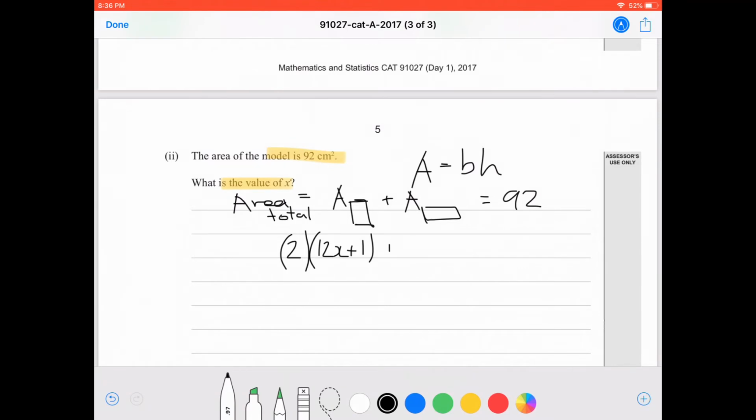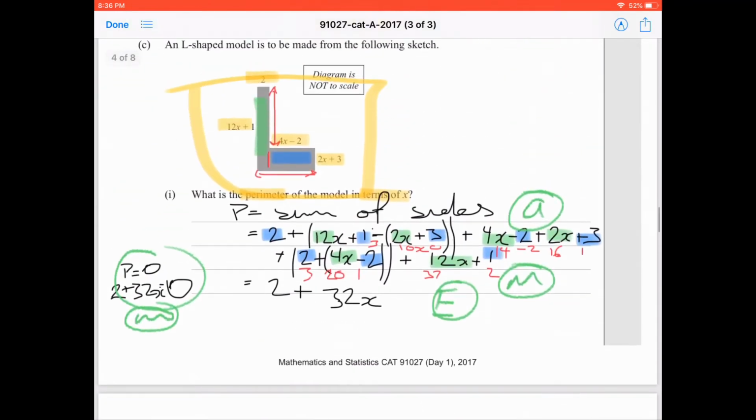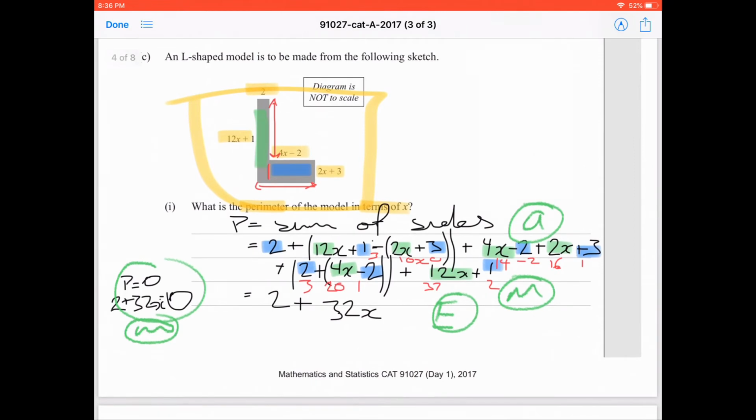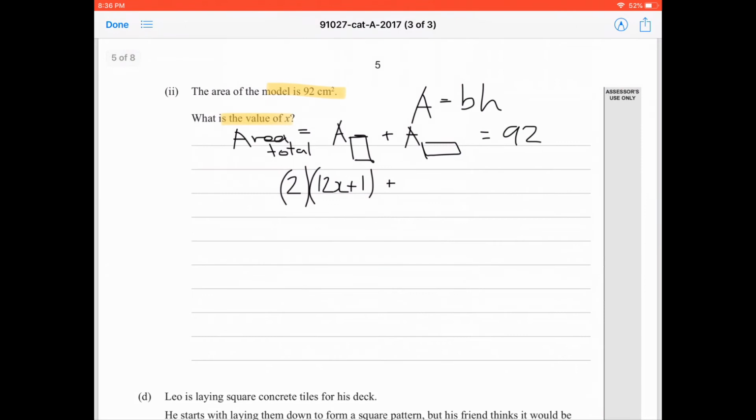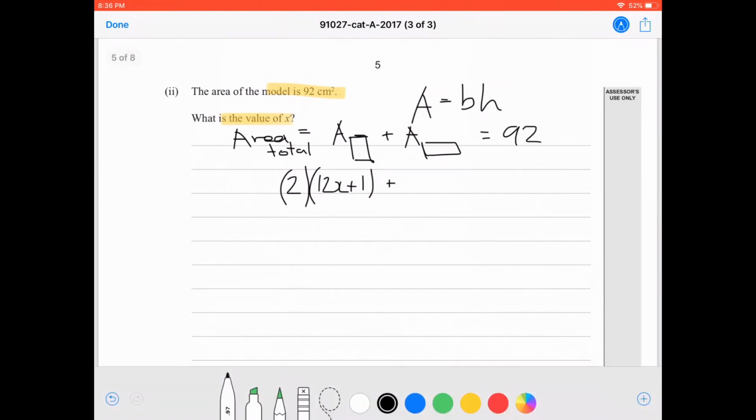And for our bottom rectangle, we will have 4x minus 2 and 2x plus 3 for the side lengths. 4x minus 2 and 2x plus 3. Okay, and they equal 92.